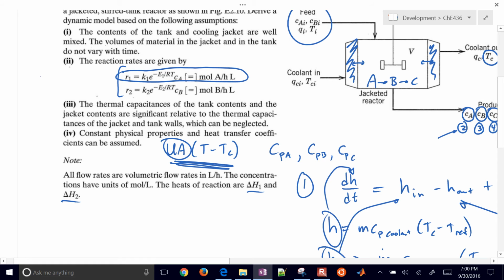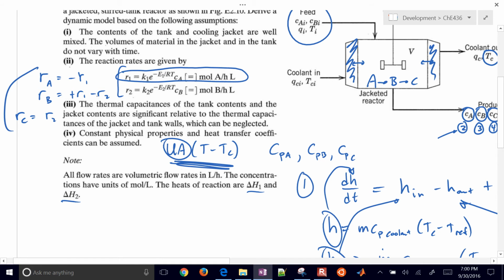We have the reaction of A, which is going to be equal to negative R1. Then the reaction of B is going to be equal to positive R1 minus R2, and the reaction of C is going to be equal to positive R2.